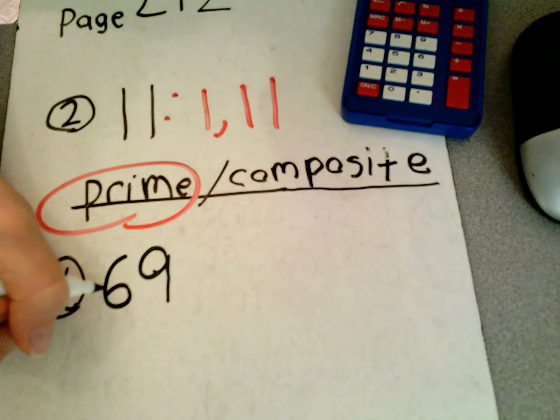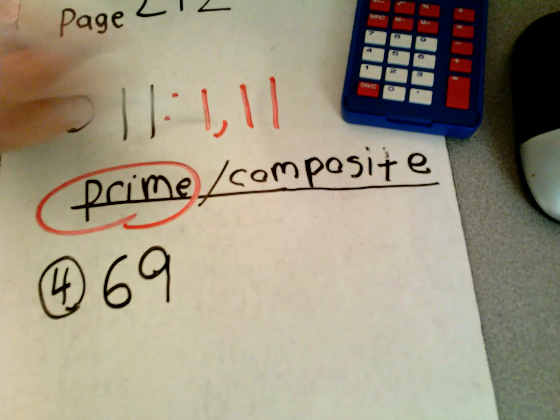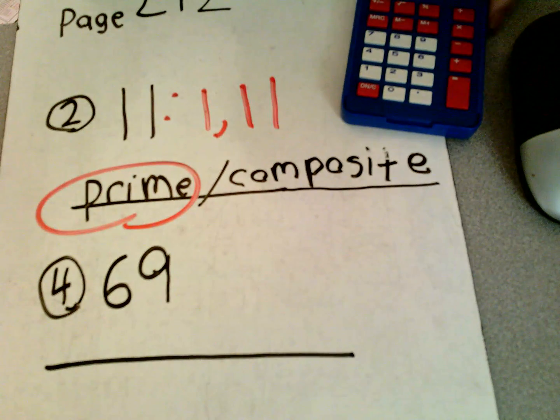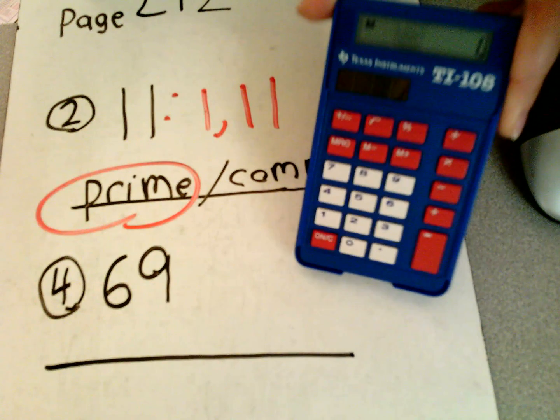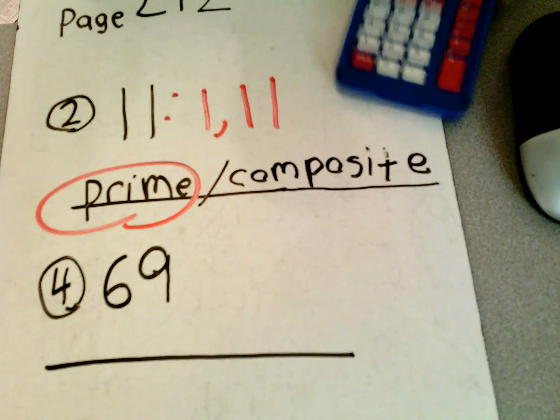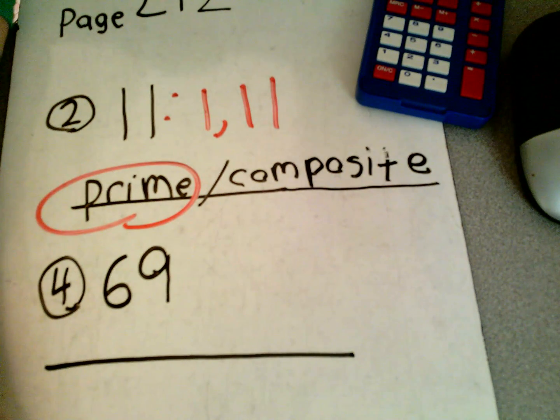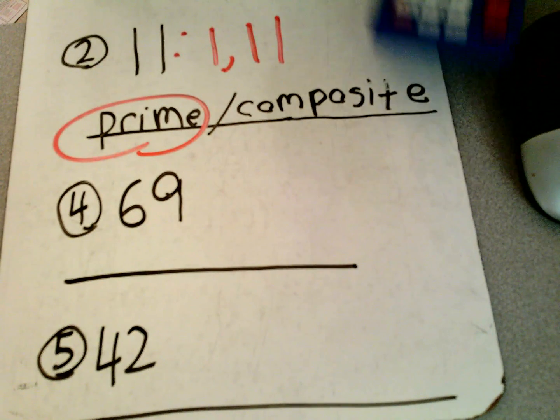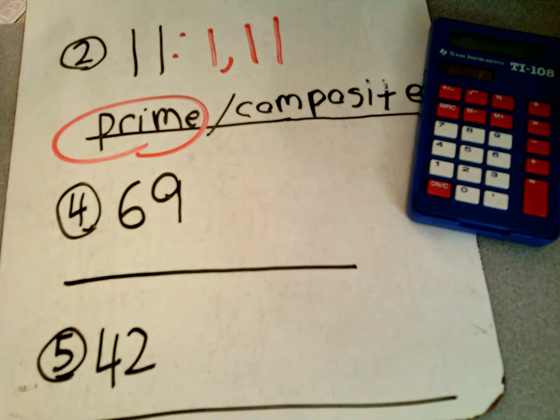Okay, so you're determining if 69 is prime or composite. You're going to write that on the line here. Remember, use your divisibility, use your calculator to divide it by 2, 3, 4, 5, 6, 7, 8, 9. And then we've got number 5, which is number 42. Okay, so go ahead, pause the video now, and go ahead and solve numbers 4 and 5. I'm going to be checking these tomorrow when I see you guys, so please have these done. All right, pause. Go ahead.